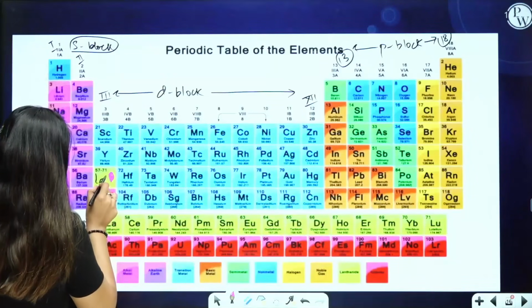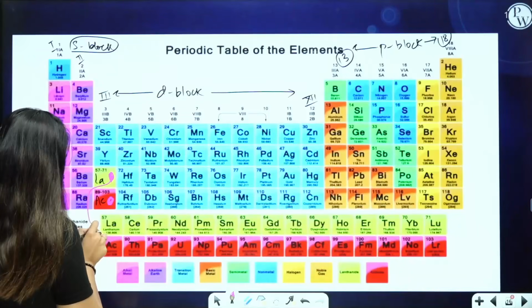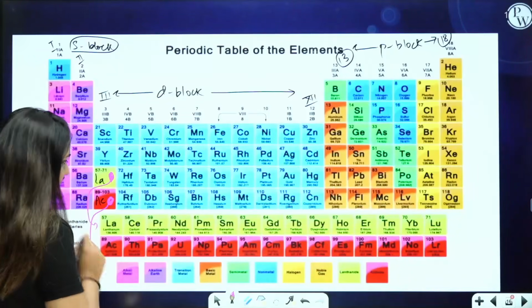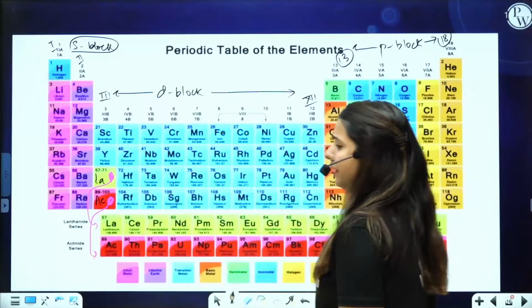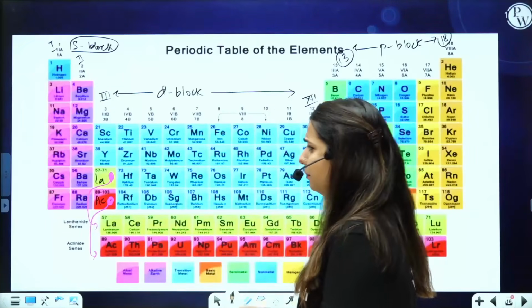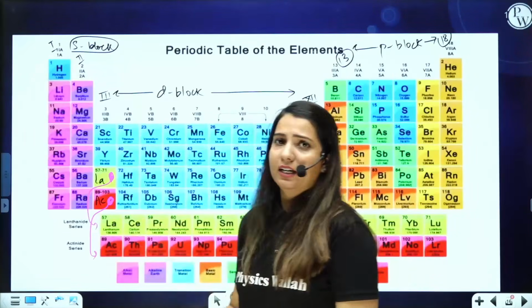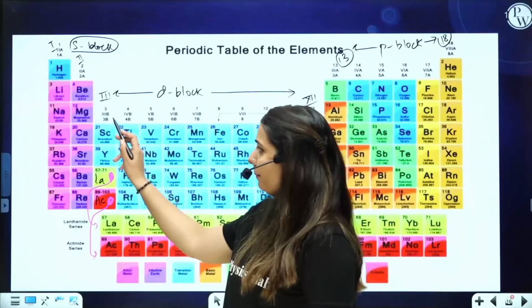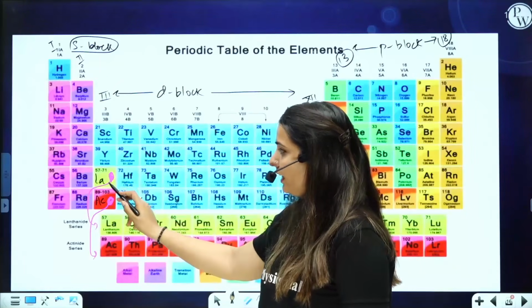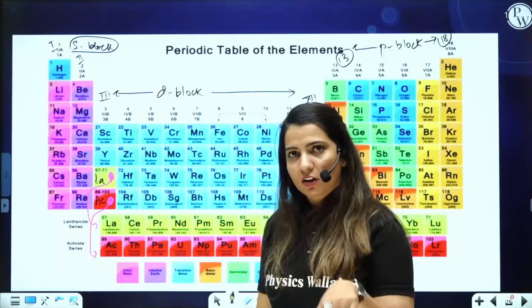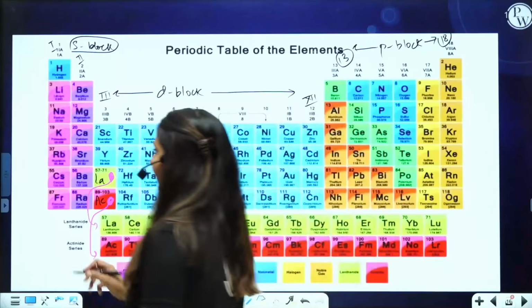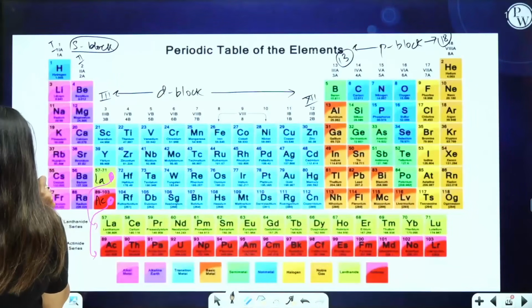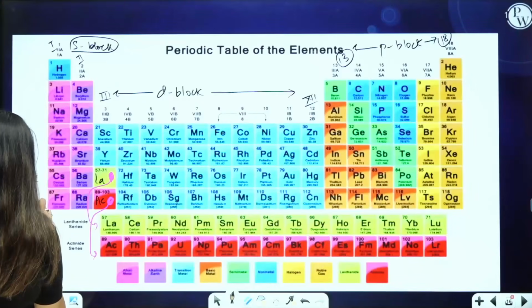So this circle corresponds to lanthanides and this circle corresponds to actinides, which are not in the D block elements, but exactly the position of these elements is inside the D block only. See, there is a group number 3 in which lanthanoids are present and actinoids are present, but the lanthanoids are present in period number 6, whereas the actinoids are present in period number 7.